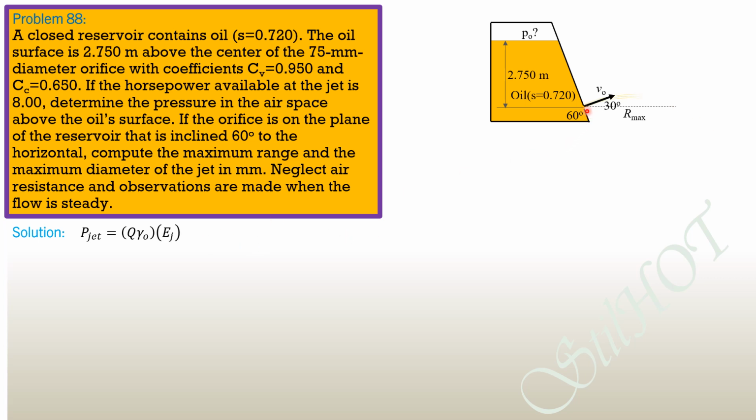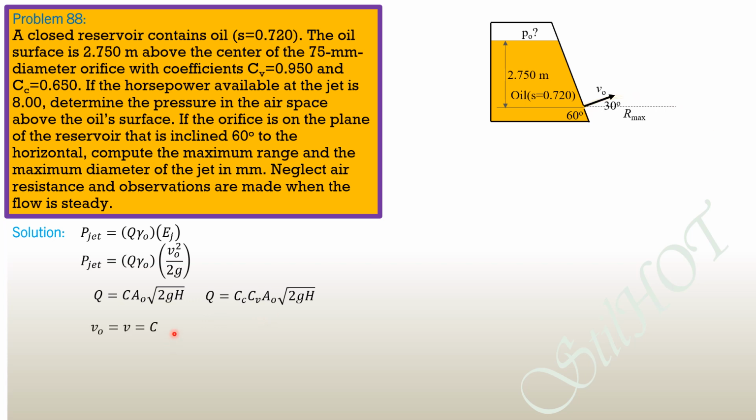The only energy available at the jet is the velocity head, so that's VO square over 2G. So power in the jet is Q, specific weight of oil, times velocity head at the jet. Then, since Q is C A O square root of 2GH, and C is equal to C sub C times C sub V, Q equals C sub C, C sub V, area O, square root of 2GH.